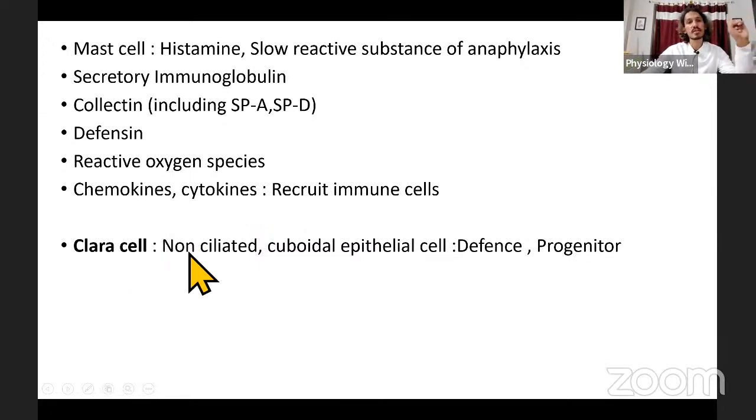These Clara cells are not ciliated. So they are non-ciliated and cuboidal in nature, which are important for one, defense. Okay, they secrete substances which are important in defense, or two, when there's damage to certain areas, they act as progenitor cells to help replace those. So that is Clara cells.